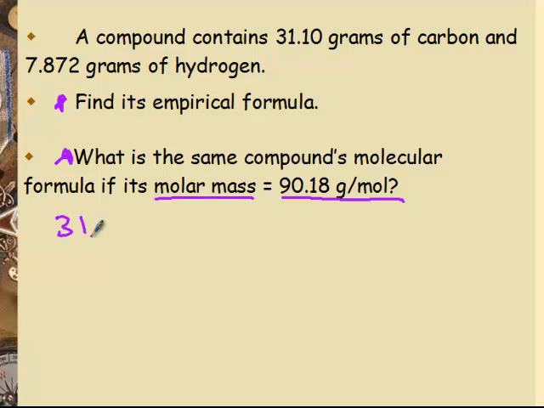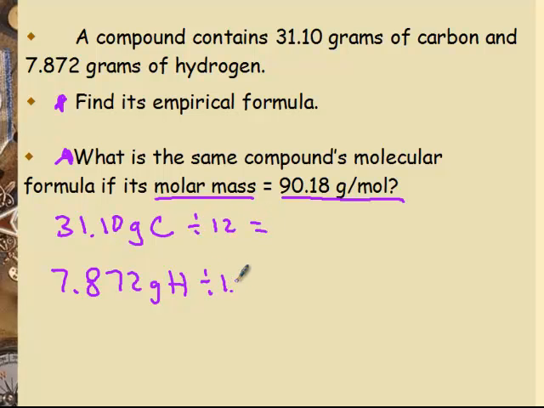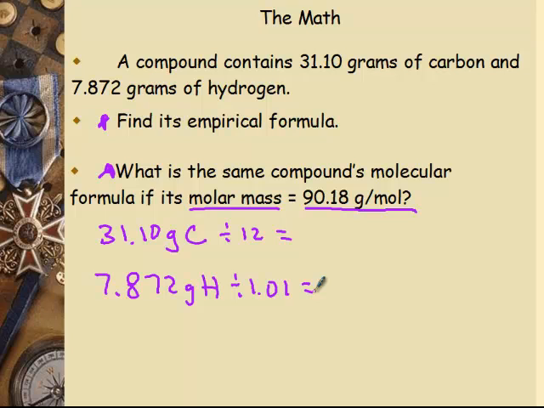So we have 31.10 grams of carbon, 7.872 grams of hydrogen. If they were percentages, we would have to assume 100 grams, but they're not. They're already grams, so we don't have to assume 100 grams. We're going to divide by the molar mass of each of these. Let me get my calculator out. 31.10 divided by 12, and we got 2.592.